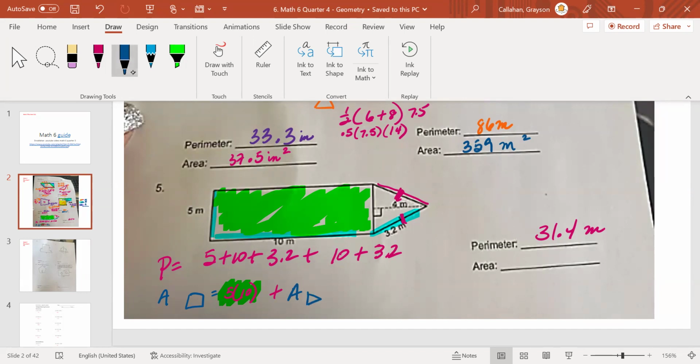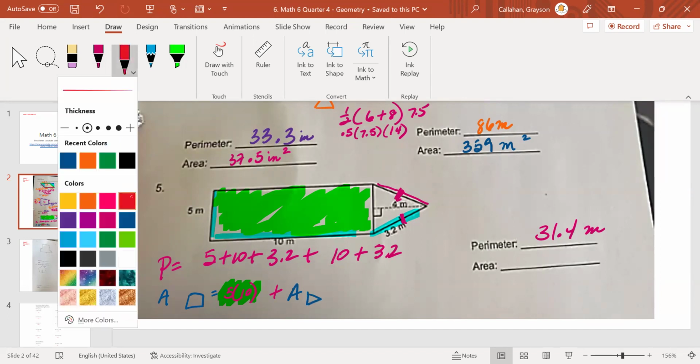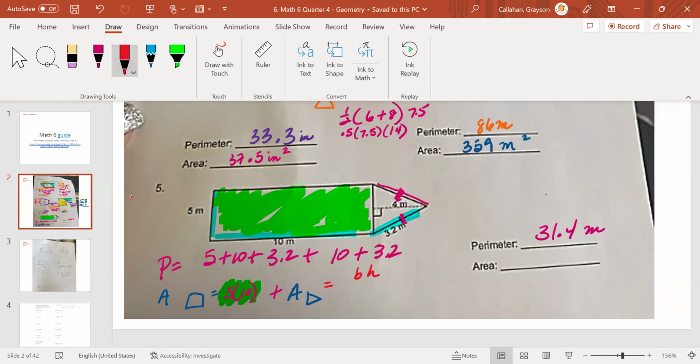How do you find the area of a triangle? What's the formula? Base times height. Okay. So look at your triangle. Which number is the height? 4 meters. Yep. It's always going to be with the rectangle or with the 90 degrees, right?